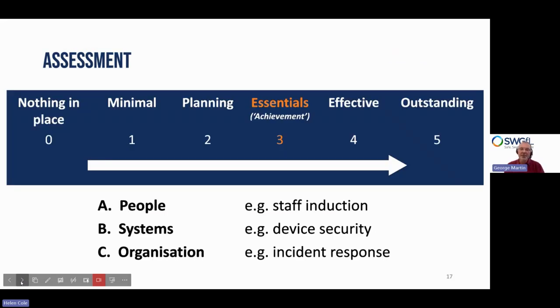Like most assessment tools, we work on the basis of a maturity rating from 1 to 5, where 1 is a low rating of maturity and 5 is very strong, outstanding maturity. In this tool, however, we've also added a level 0.